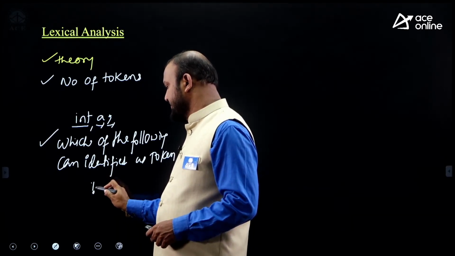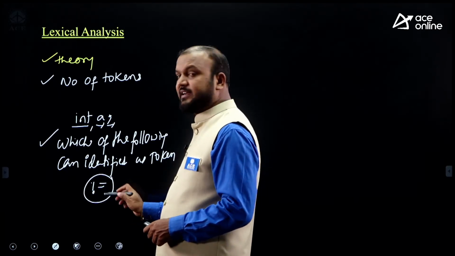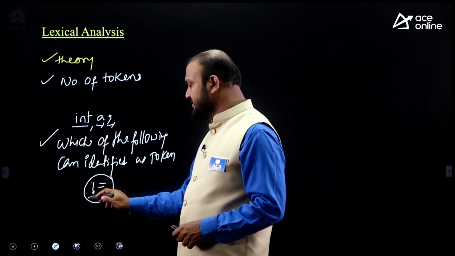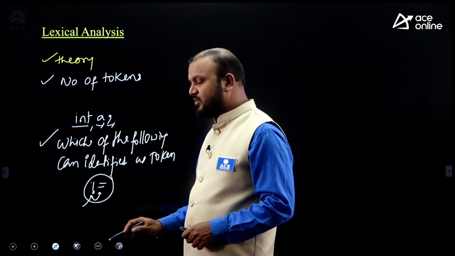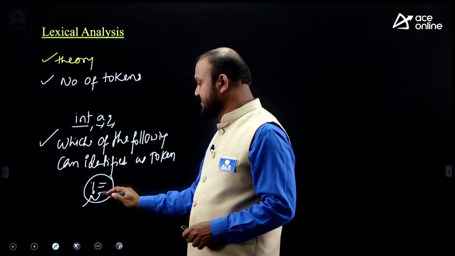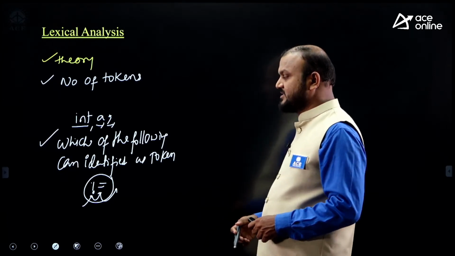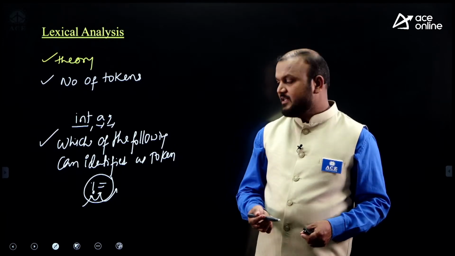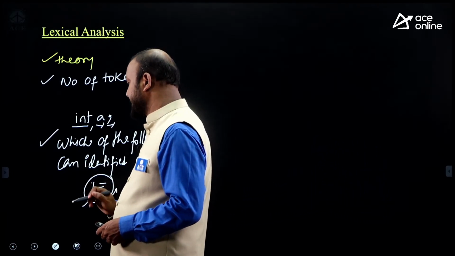This could be identified as a token, because after not equal you don't get any operator after that. After the lexical analyzer sees the not symbol, it will check for the next character, equal. Once not and equal are there, it goes to the final state, so it is not required to check what is in the next input symbol. So which string is going to be identified as a token without checking the next input symbol, that could be another type of question asked in previous GATE papers.